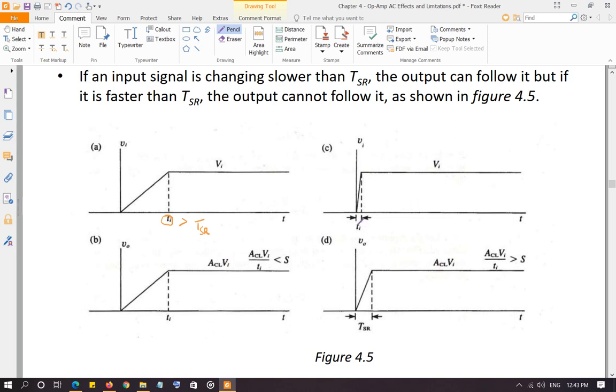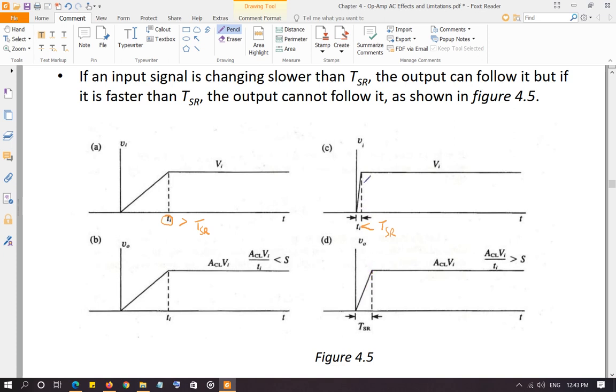But if your input rise time is less than TSR, where TSR is the slew rate time of your 741, in this case 0.5 volt per microsecond, then your output is going to take longer to change.